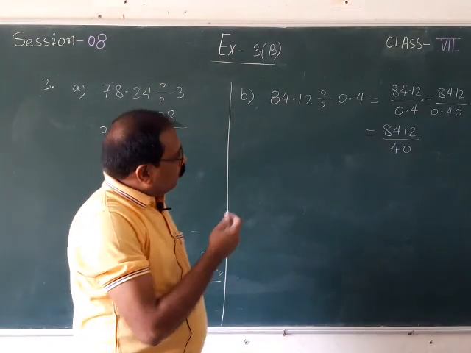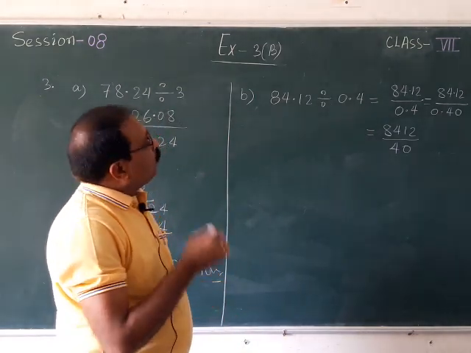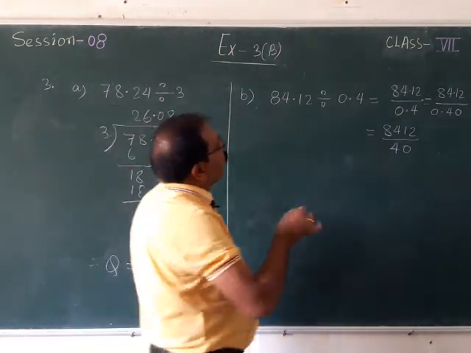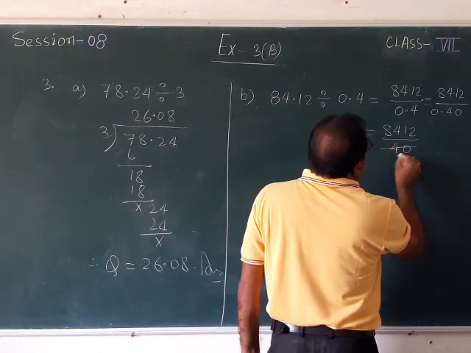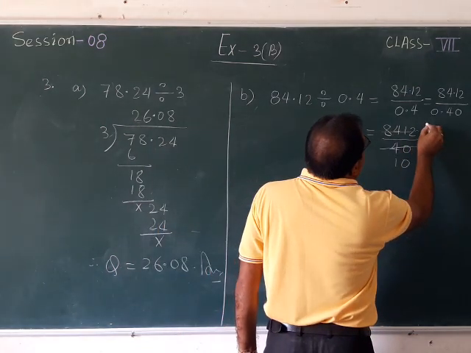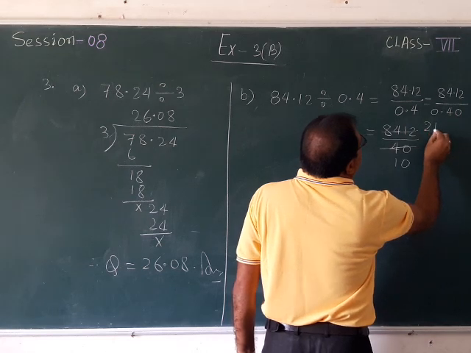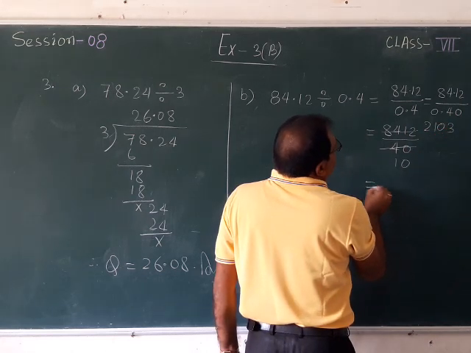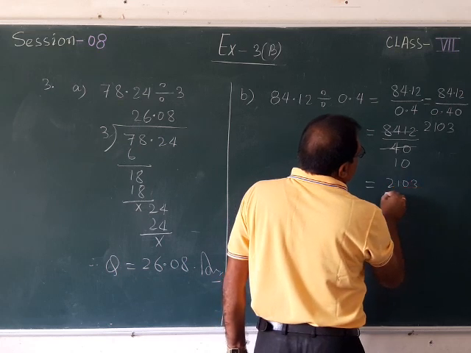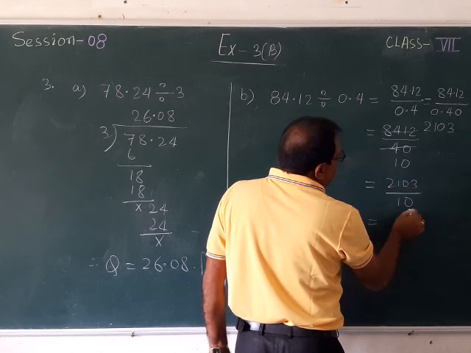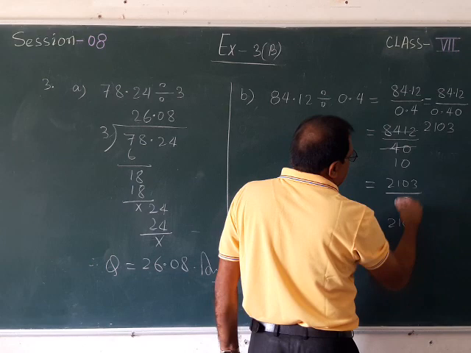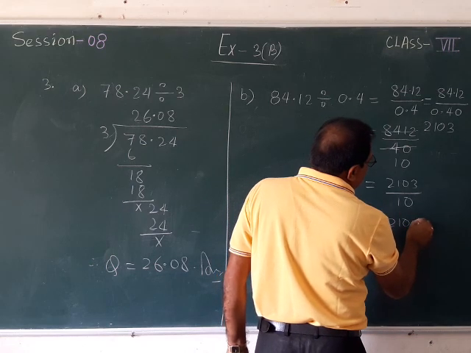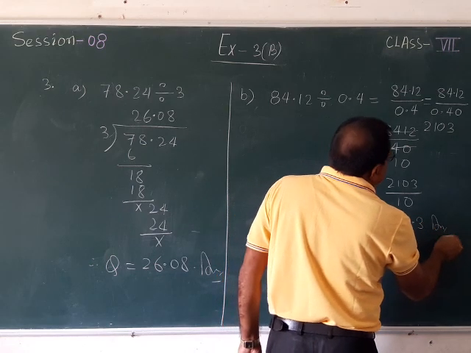Now, what can you do? You can cancel it or you can divide it. It is better to cancel. 4 1s are 4, and here 4 2s are 8, 4 1s are 4, then 0, 4 3s are 12. Now the number which you are getting is 2103 upon 10, that means the decimal will be shifted 1 digit from right to left side. It will be 210.3 and this is the answer.